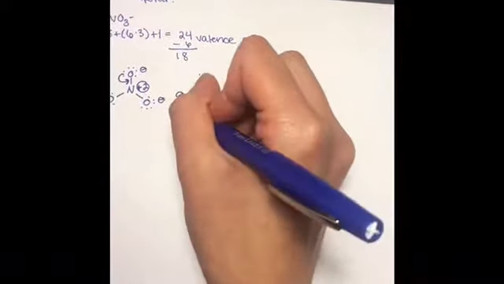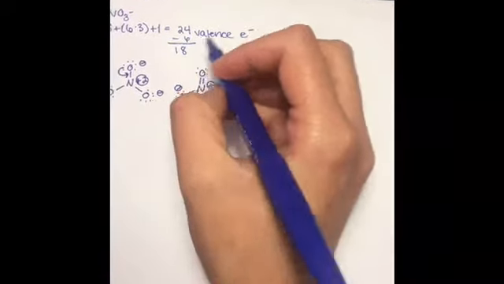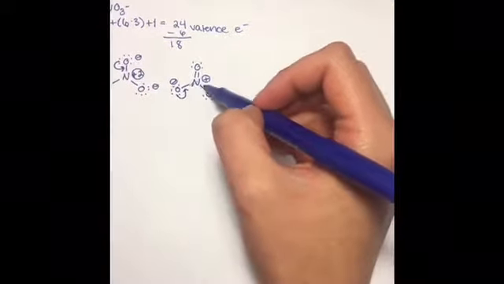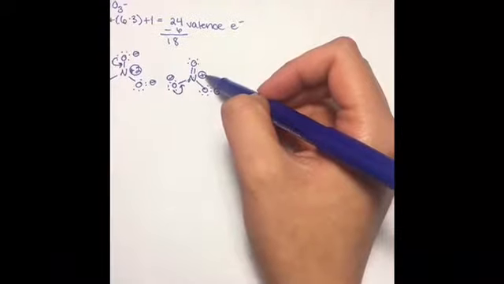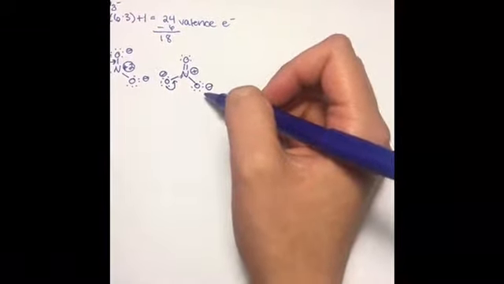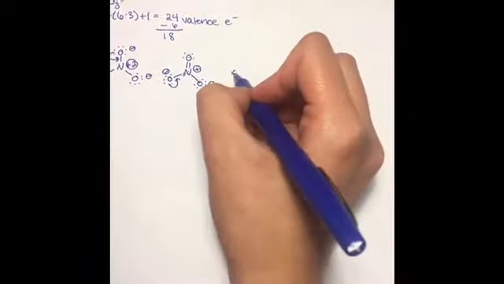It might be tempting to move this valence electron pair and make another double bond to the nitrogen because that would get rid of this formal charge and this formal charge, but that would leave nitrogen with an expanded octet, and nitrogen can't have an expanded octet because it's in period 2. So this looks like the best resonance structure that we can get, and we can draw 3 equivalent resonance structures of it.